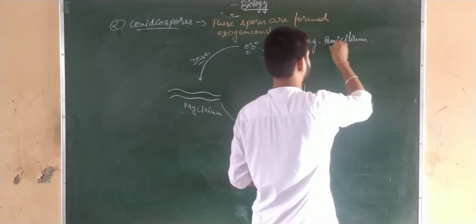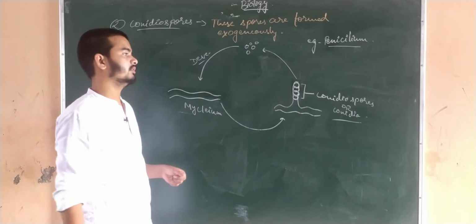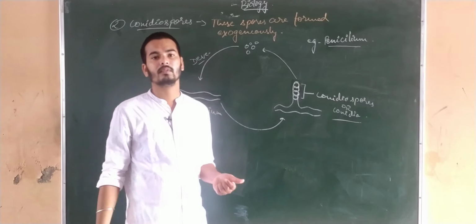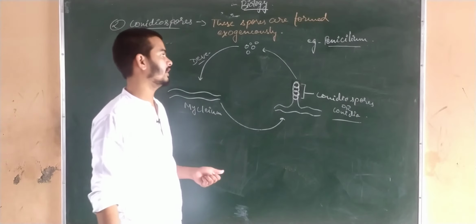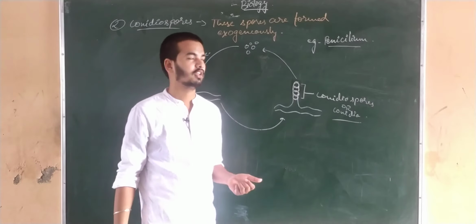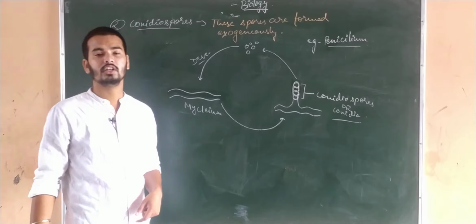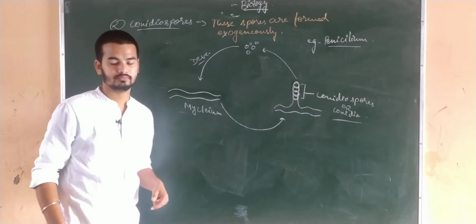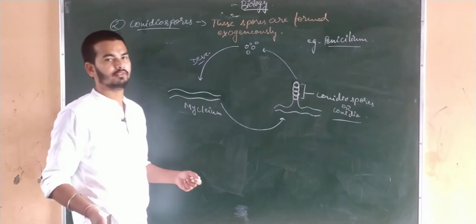Penicillium is a fungus. You might have heard its name when you were studying the development of antibiotics in class 9th. So the penicillium fungus shows conidiospore formation during asexual reproduction. Note it down. I hope you all have noted this.